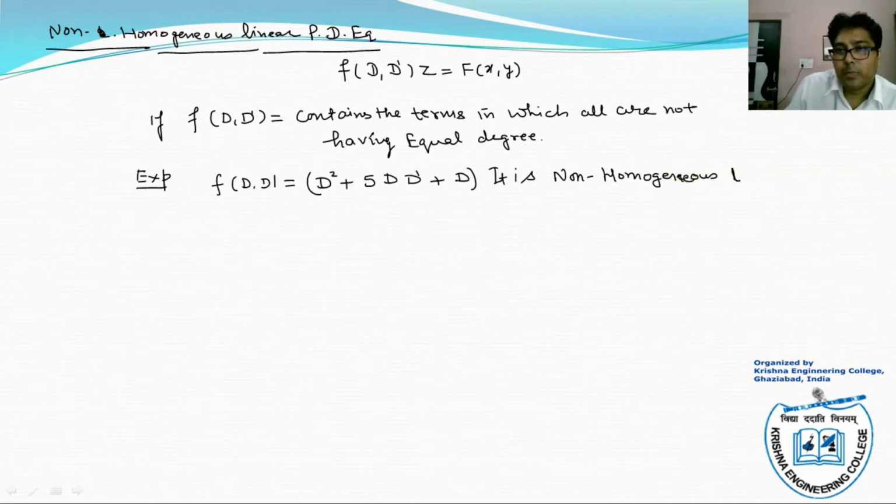Homogeneous linear partial differential equations are divided in two categories.